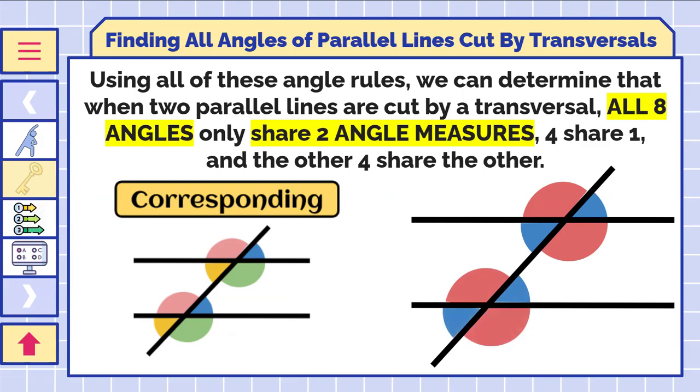And this is always true for any two parallel lines cut by a transversal line. In the end, there's actually only two angles that get used. The original one you start with, and the one you get after you take it away from 180 to get the other one. Then all the rest of the angles, just in some way using vertical angles and corresponding angles, share those two.